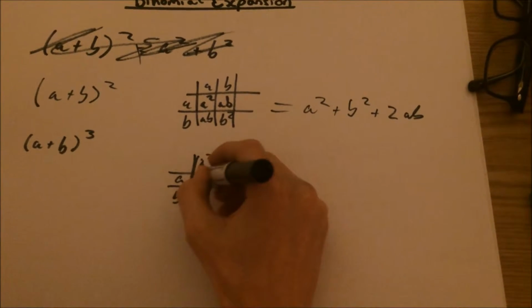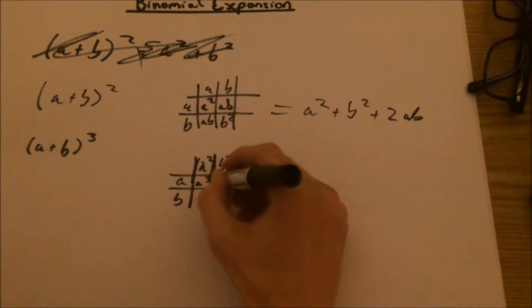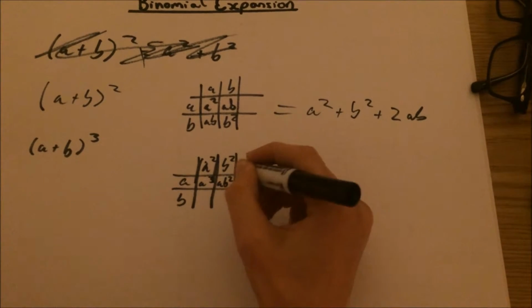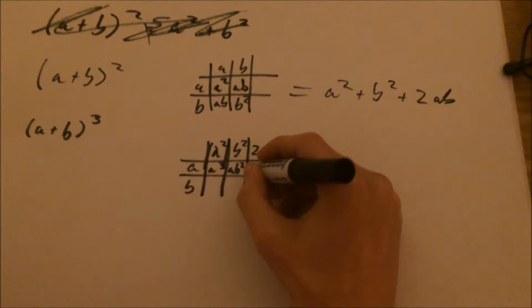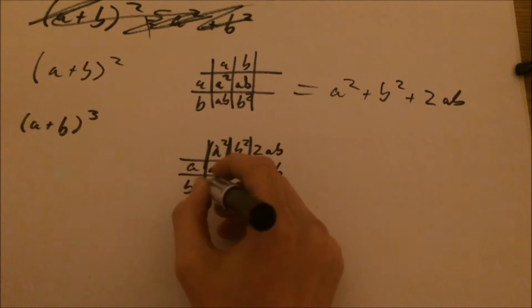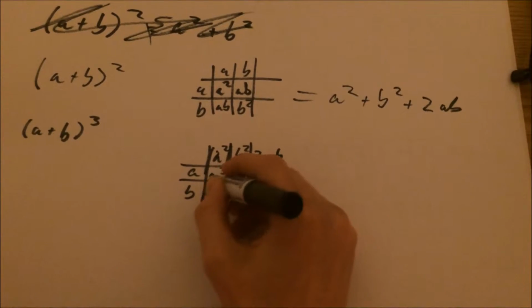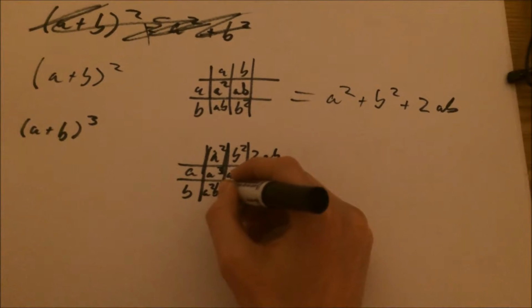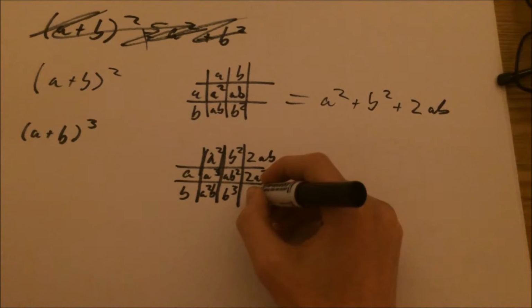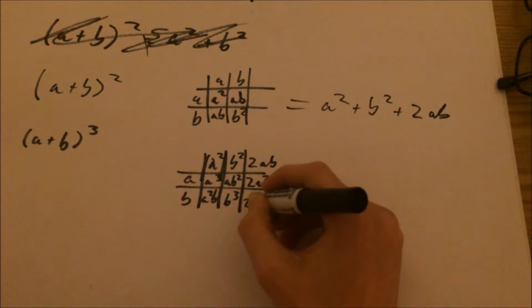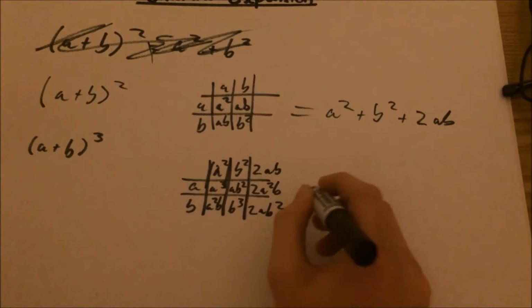So this would be a cubed, this would be ab squared, this would be 2a squared b, this would be a squared b, this would be b cubed, and this box would be 2ab squared.